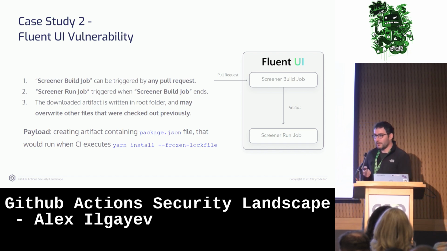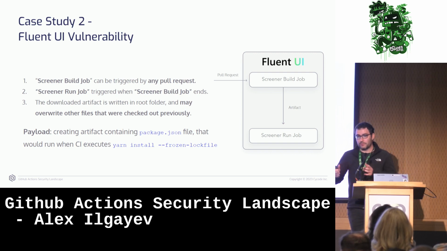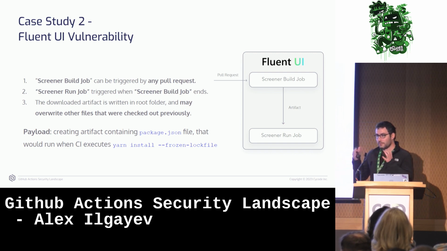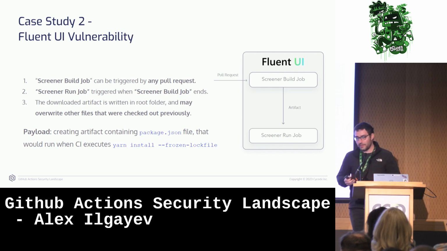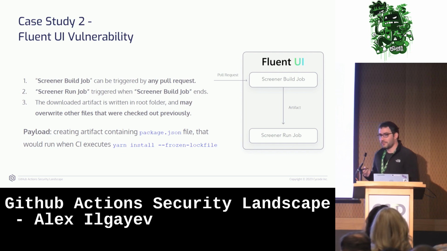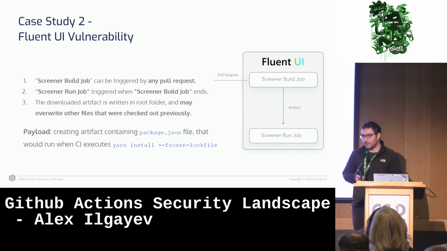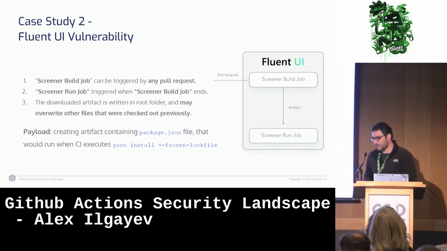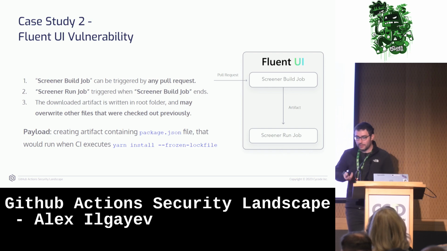So if I override this package.json file, whenever that workflow deploys the artifact and runs yarn install, it automatically takes my package.json file and runs all my desired scripts. So this could be my ability to execute code on the runner.